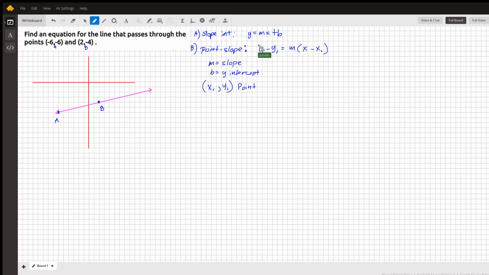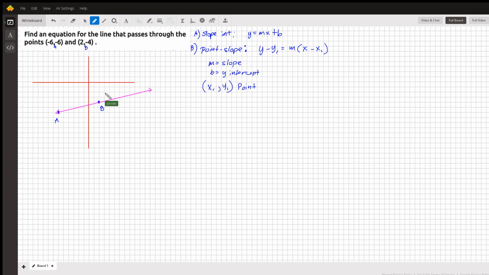Now, do you know the slope? No, we don't know the slope, but we can find it because you have 2 points. So let's find the slope. Sorry, I got disconnected.